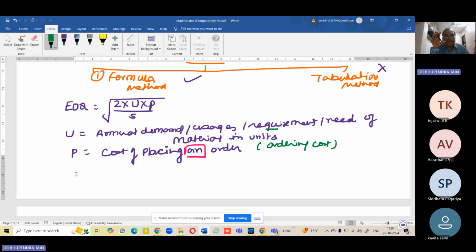But in a big organization, a big manufacturing concern, there is a separate department whose only job is to place the order to the supplier. Once your level decreases, then you have to place your order. Suppose this is the sugar container of your house.